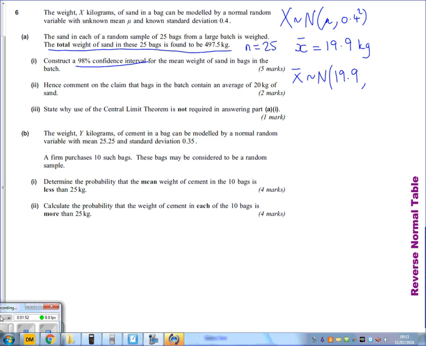So for my samples, the means of the samples are distributed, we're going to use the standard deviation 0.4, divided by the number of samples we've got, so that's 25. So that's our distribution for the means.